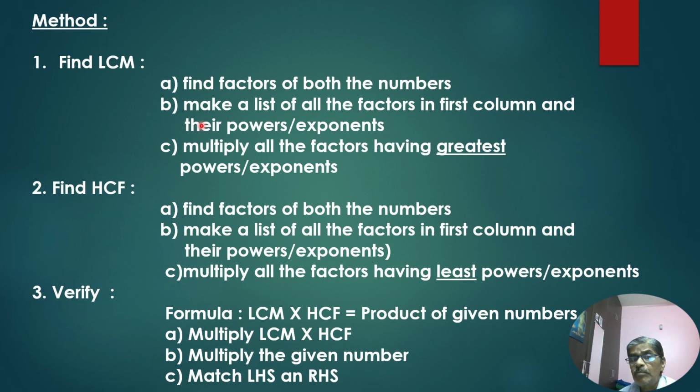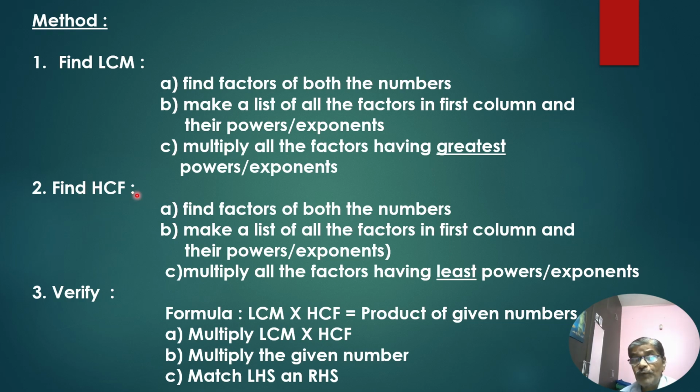Second is make a list of all factors in the first column and their respective powers or exponents. And the third thing is multiply all the factors having greatest powers or exponent. Particularly for LCM, this is very important: greatest power.